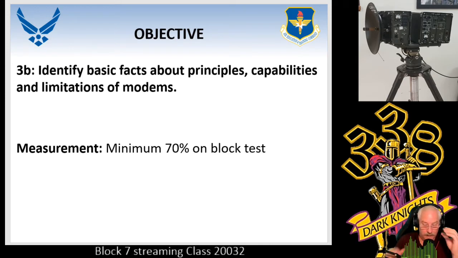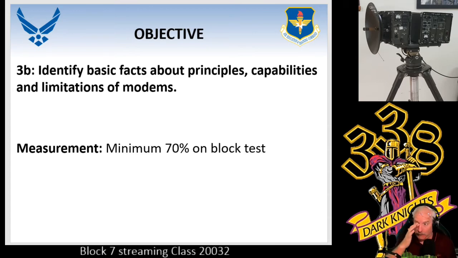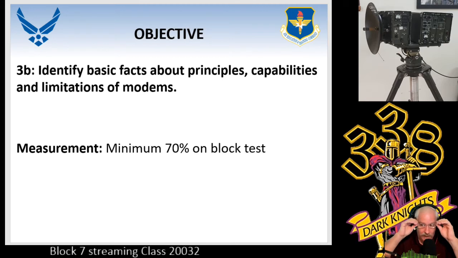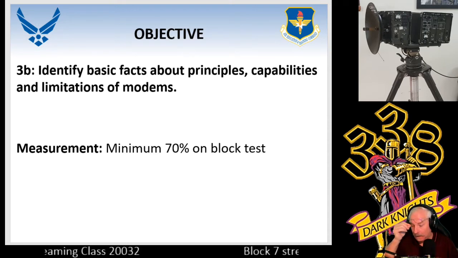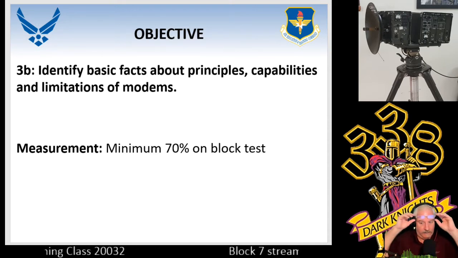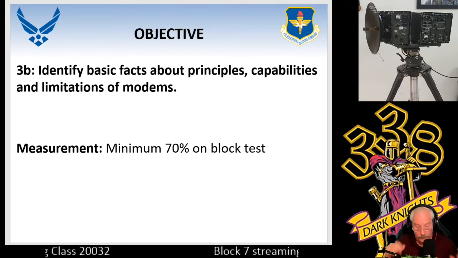Just remember, again, you can only miss 12 on the test. It's a 40-question test, and you need at least a 70 to go on to the next block. I prefer that you get more. And again, SI is available. We will be starting tomorrow with it.